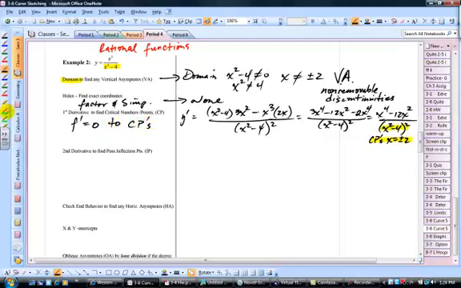So I got to set my numerator, this right here, equal to 0 and solve that, because the fraction is equal to 0 when the numerator is equal to 0. So I got to solve x to the fourth minus 12x squared equal to 0. Well, factoring out x squared, I get x squared times the quantity x squared minus 12 equal to 0. And that means that x squared equals 0 or x equals 0.